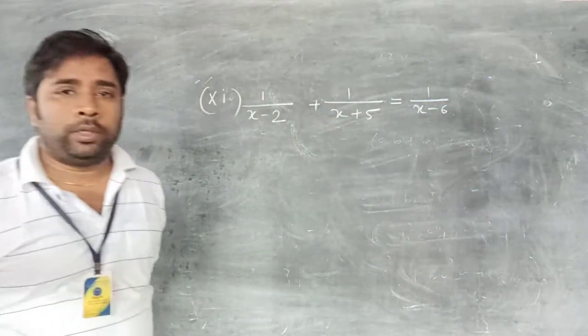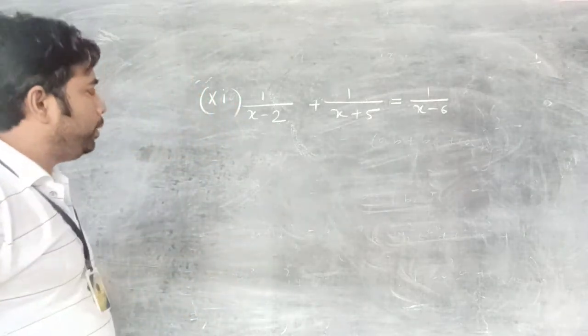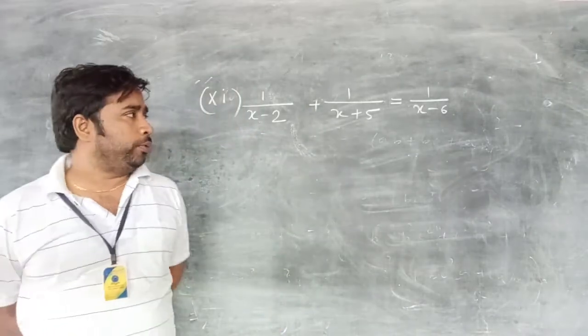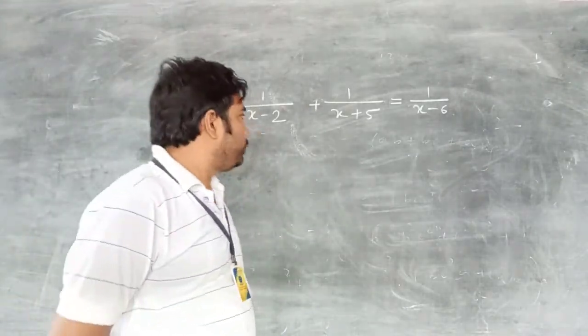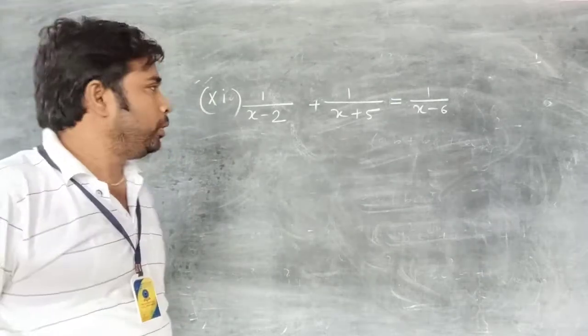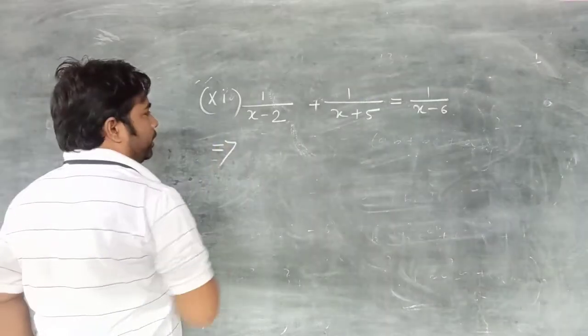So this sum, you see the pattern. This is not a very difficult sum because this is a general sum. Here you don't need to apply anything new and no new rules. So in general you can do the sums. You just take the LCM, do the cross multiplications, you will get the answer.